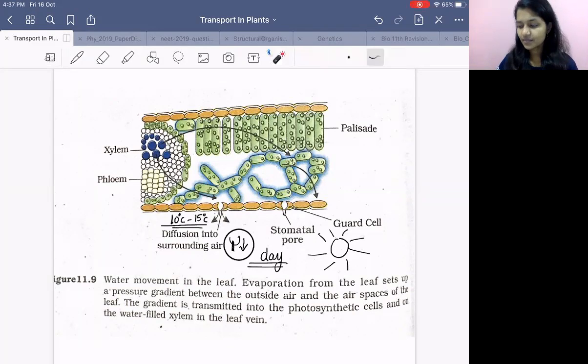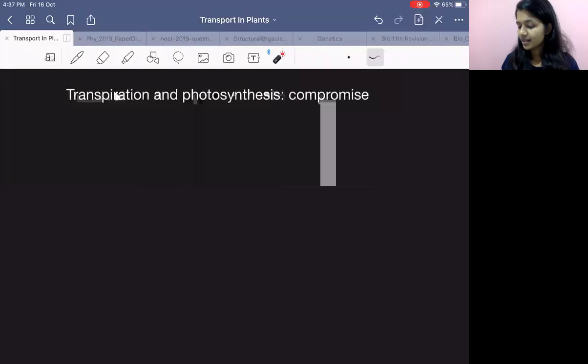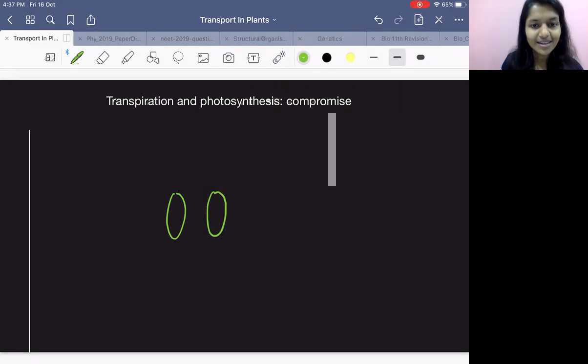But this creates something big. The plant is doing it for cooling, but this is doing something very big in the plant, right? Imagine this. This is your stomatal cells, guard cell, and this is the environment. The environment has less water potential, right?